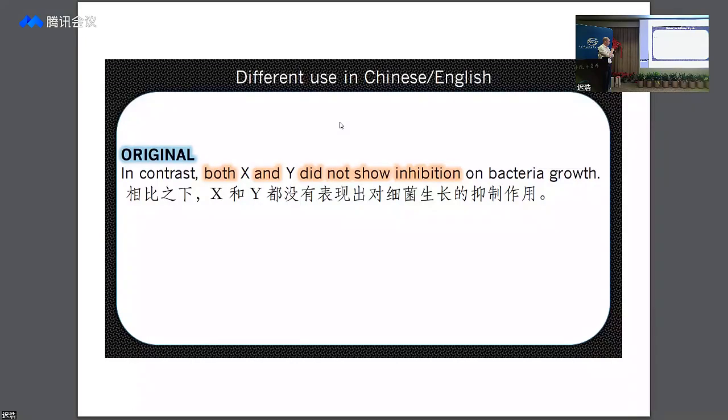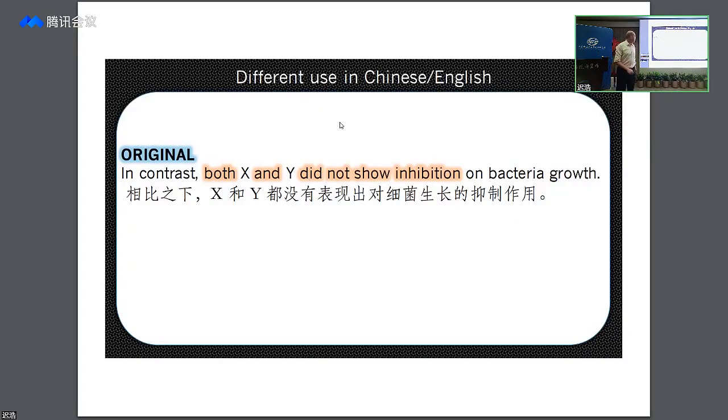"X nor Y did show." Do we need the "did"? Neither X nor Y. Okay. Very good. Excellent.